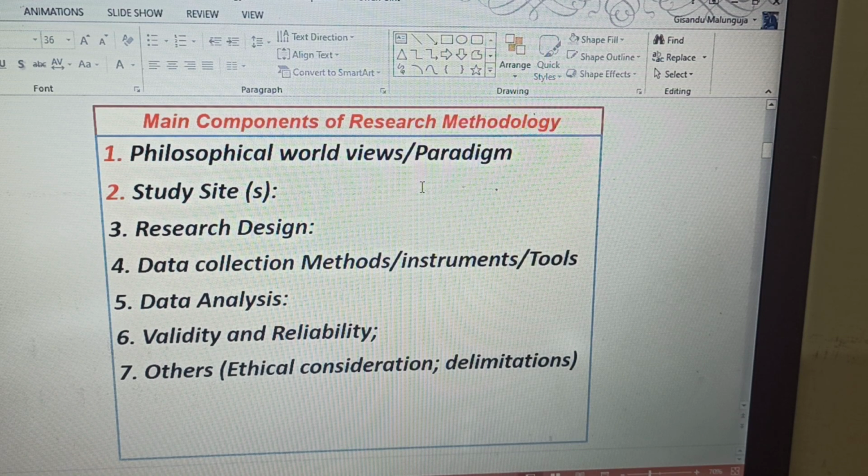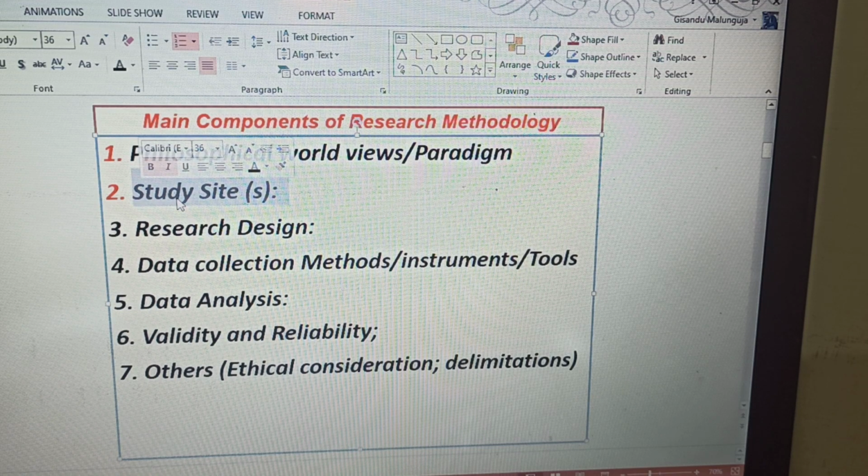That's the general overview. And under this research methodology, we expect to see the study sites, where a researcher is going to explain the study sites, the locations, and the demography. I will explain each of these components in detail as time goes.